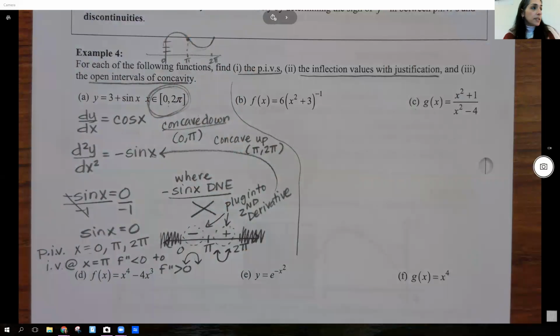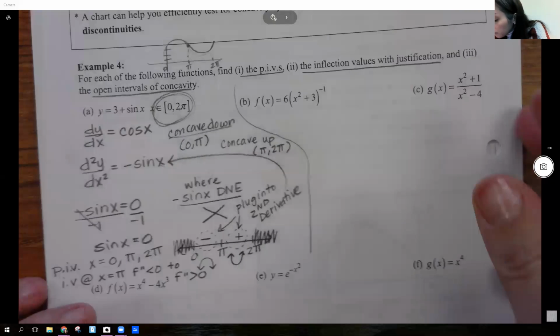All right, let's look at letter B. So for letter B, it's written nicely for us to take a derivative. I am going to rewrite it without the negative exponent so that we can think about if there are any discontinuities, okay?